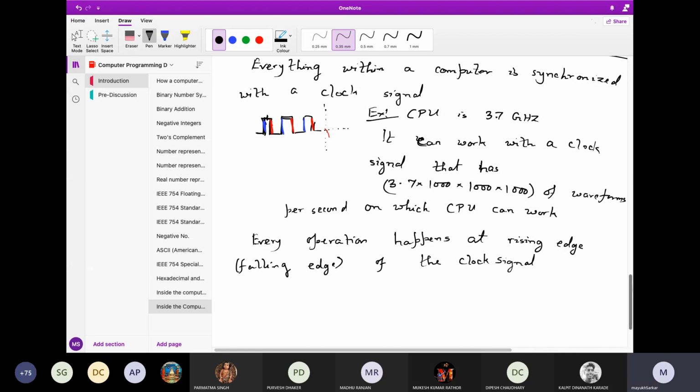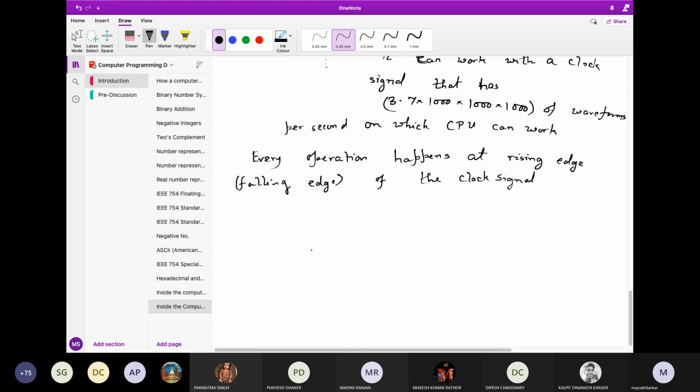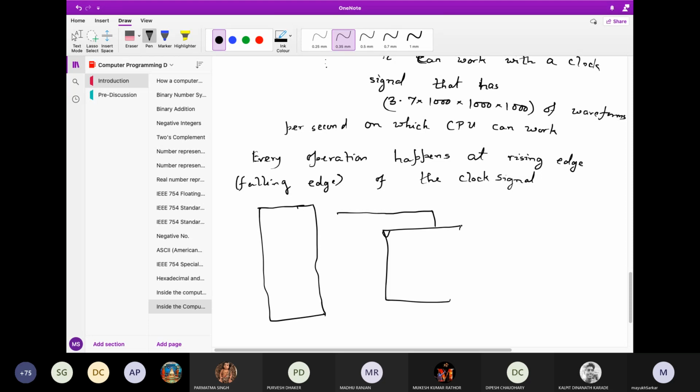Now, why is this synchronization necessary? Let me give you an example. Try to understand this example because you'll understand why synchronization is necessary in a computer system. Suppose you have this RAM. Suppose the address is coming over the address bus, and this address has been generated from the instruction pointer register.